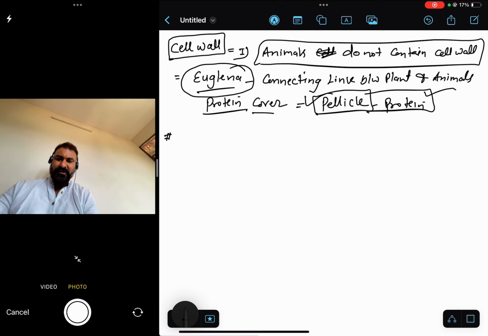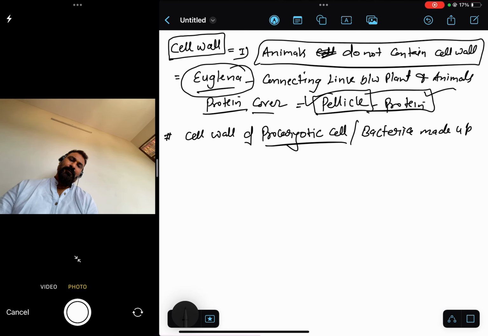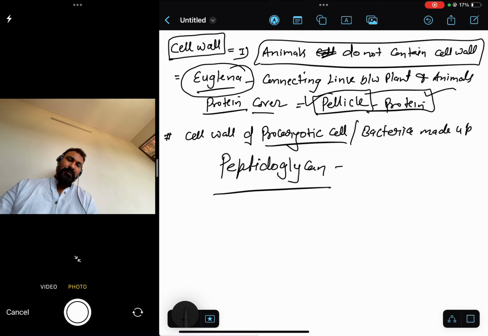The second question, which also comes in many examinations, is: the cell wall of a prokaryotic cell or bacteria is made up of peptidoglycan.